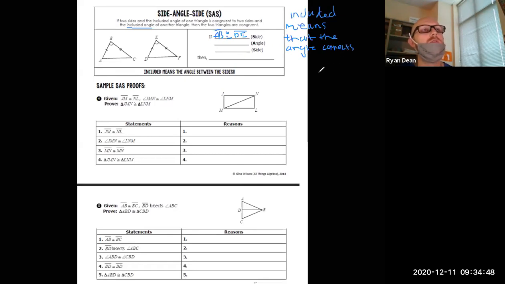So two different ways to think about it. The word included means that the angle connects the two congruent sides together. Another way you can think about it is that it just touches the two congruent sides.